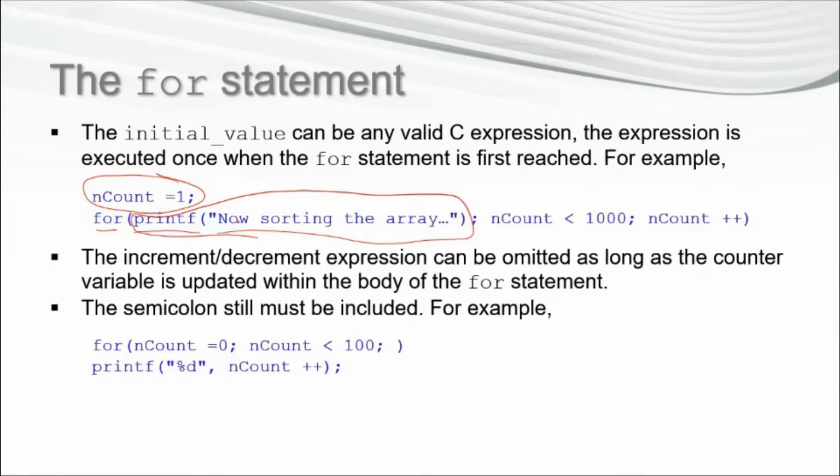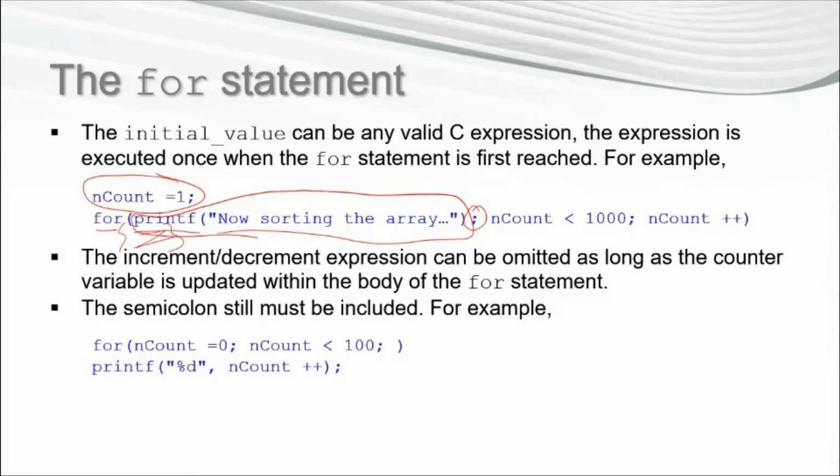Instead, you are giving only a statement that is now sorting the array. That particular statement is to be displayed on the screen. So that is why this printf now sorting the array will be displayed. Then the semicolon, then n count is less than 1000, n count plus plus. So the remaining things will be the block of code that is to be executed.